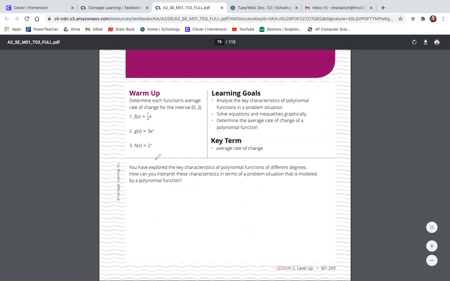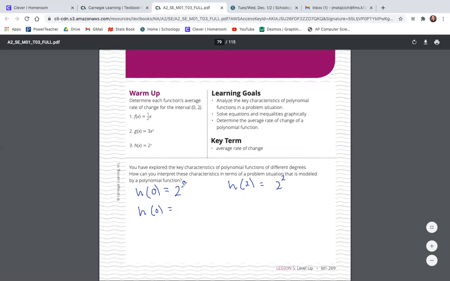It's h of x equals 2 to the power of x. So we're doing an exponential function this time. No difference though. We still need to plug these things in. So we'll do h of 0 equals 2 to the power of 0. And then we'll do h of 2 equals 2 to the power of 2. All right. So for this one, h of 0.